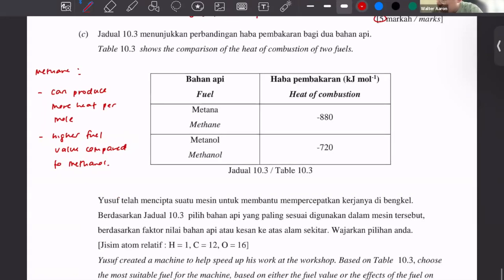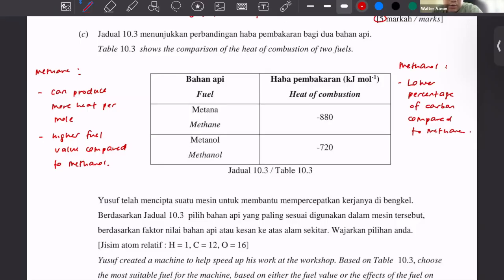Okay. Let's just say you want to use methanol as a fuel and you want to justify why. So for methanol, you can say that it has a lower percentage of carbon compared to methane.